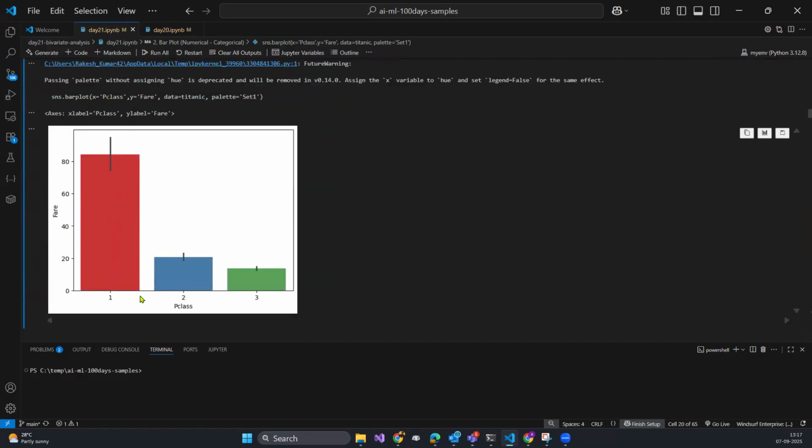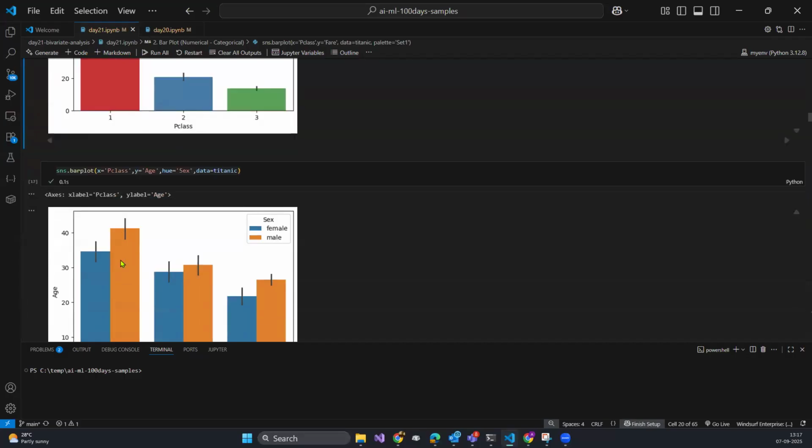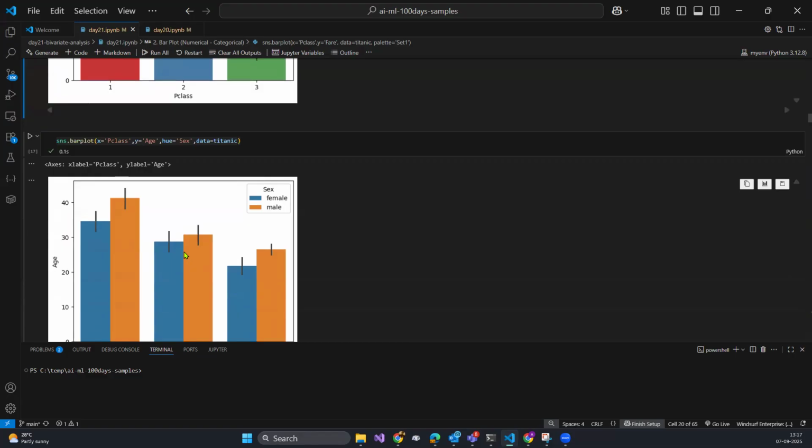So we are seeing that class 1 fair is too much compared to class 2 and class 3. There are very less differences in the prices of class 3 and class 2, but there is huge difference between class 2 and class 1 fair, right? So that was the bivariance analysis.